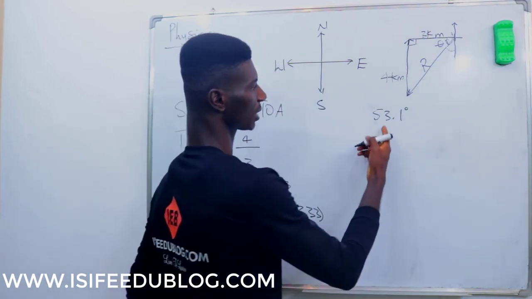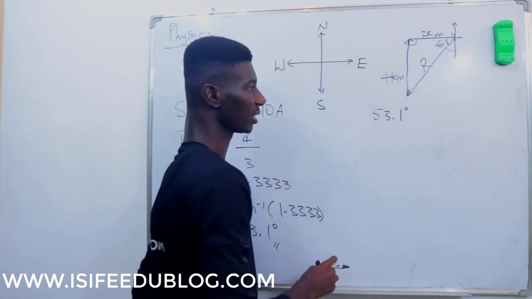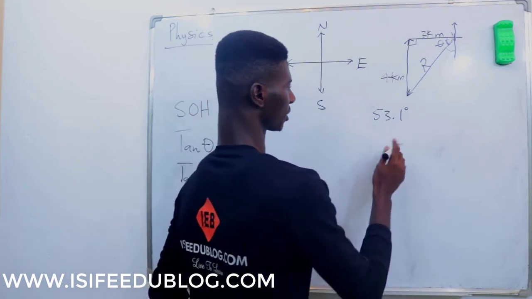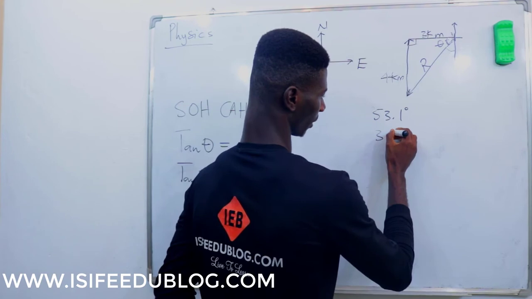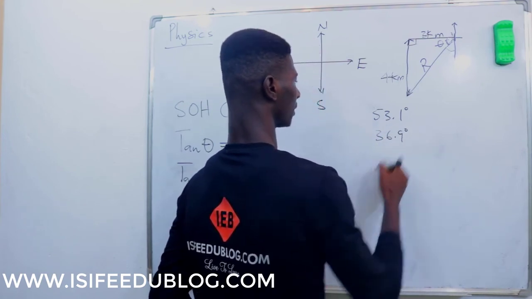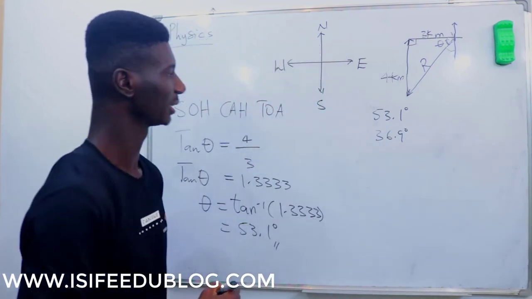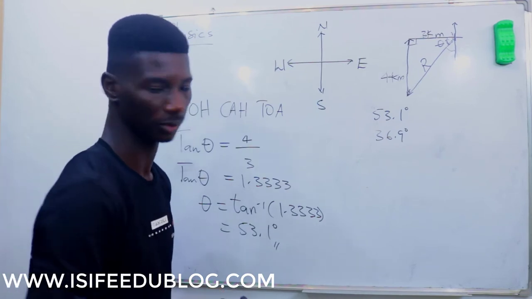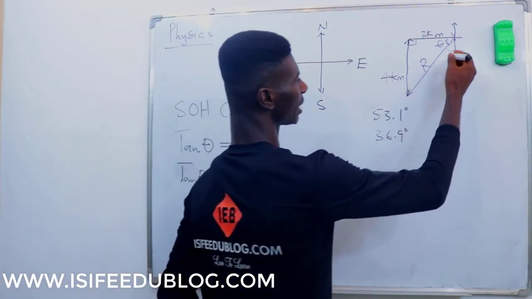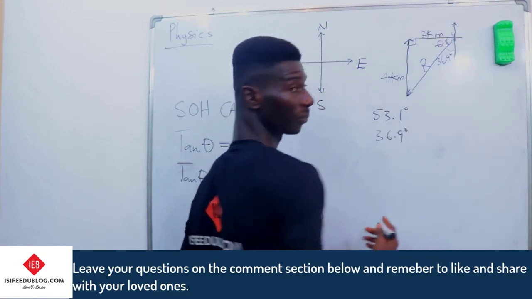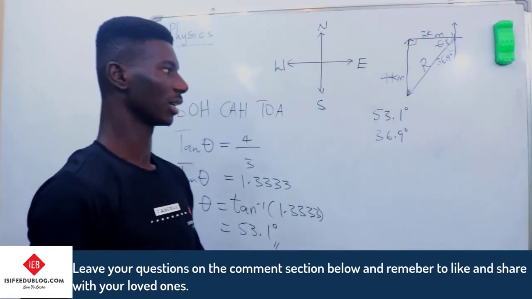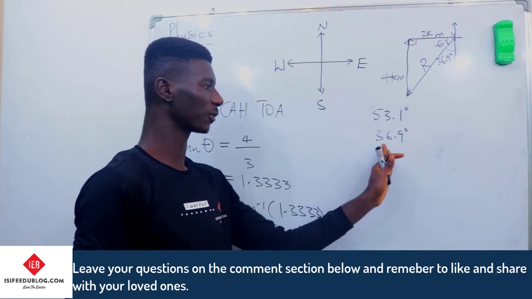So if you subtract 53.1 degrees away from 90 degrees, you will get 36.9 degrees. Now, that means that this point is 36.9 degrees. If they're not asking you, Jamb, please be very careful with this.